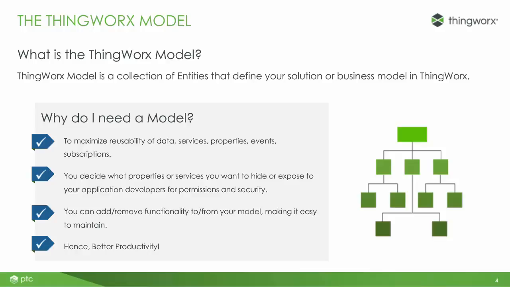So what do you need for a model? Or why do I need a model? It's going to help maximize reusability. It will help you not have to redo creating services or properties or events, and be able to reuse those. You can decide what you want to hide and expose. The ThingWorx platform handles permissions and security from the design phase all the way to the runtime phase.